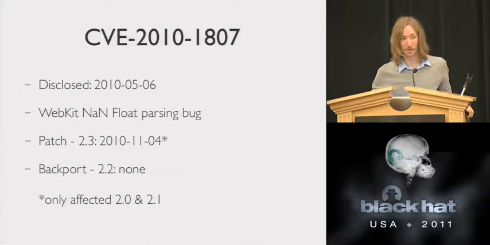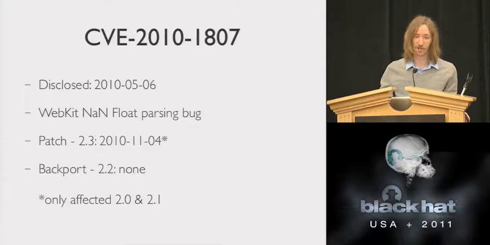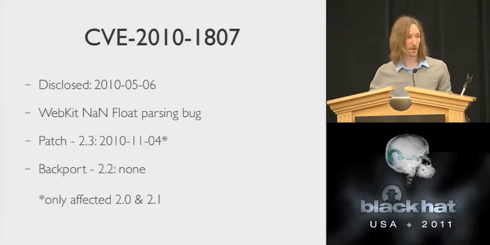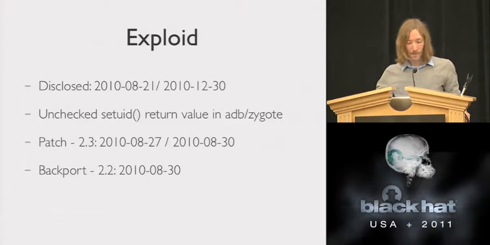But the reason for this is because 2.2 and 2.3 were never actually vulnerable to this bug because of some compiler settings. It only affected 2.0 and 2.1. The reason that they did end up patching it in 2.3 was just general paranoia, just to make sure that this wasn't going to come back and get them.